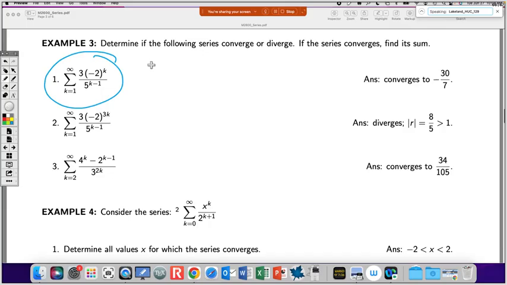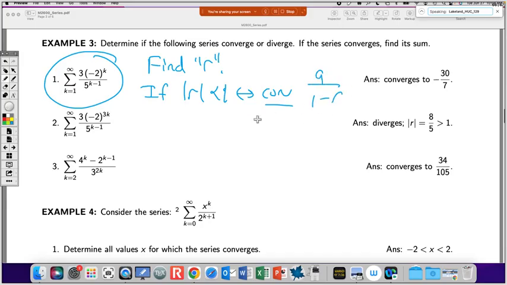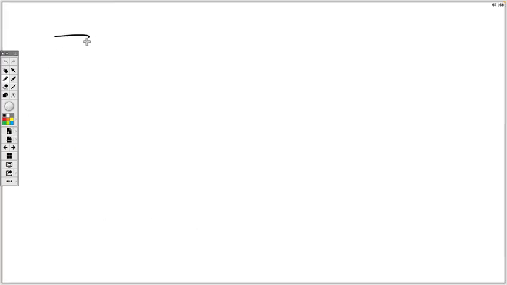So I need to find R, look at the absolute value of R. If that's less than 1, it's going to converge to A over 1 minus R. Otherwise, it'll diverge. That's it. You follow? So let's take a look at this first series.